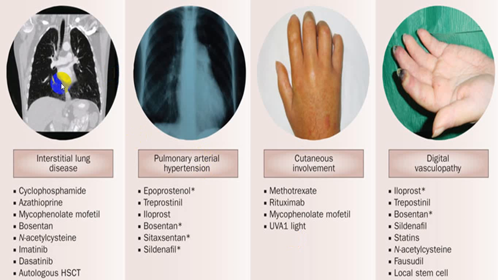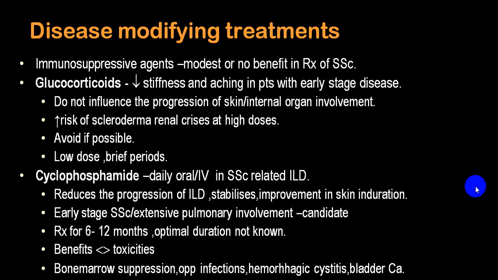So this is for respiratory involvement. What are the drugs being utilized? This is interstitial lung disease, this is pulmonary hypertension, this is cutaneous involvement, and this is digital vasculopathy. You can utilize immunosuppression drugs.